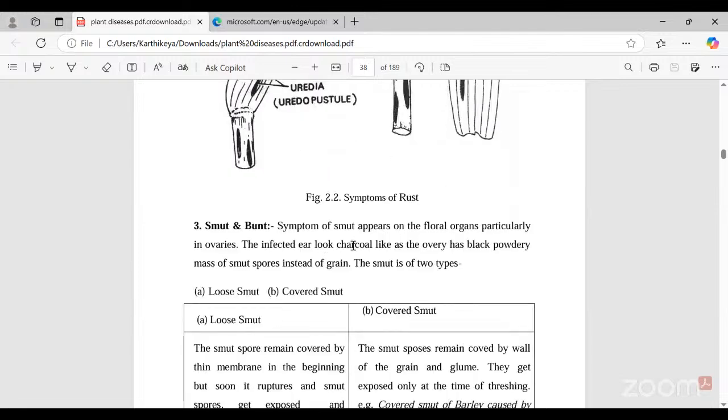The infected ear looks charcoal-like, as the ovary has a black powdery mass of smut spores instead of the grain.